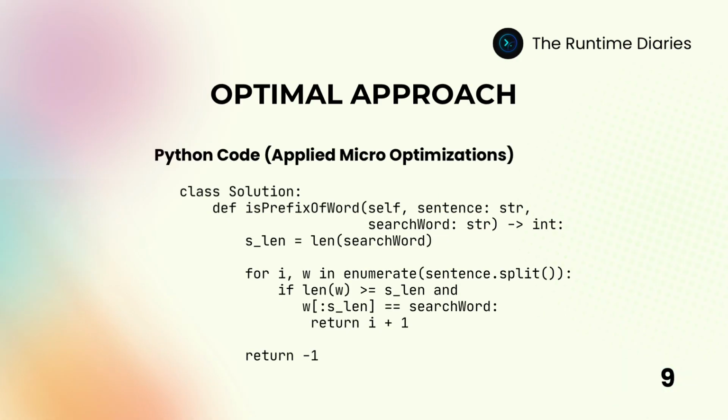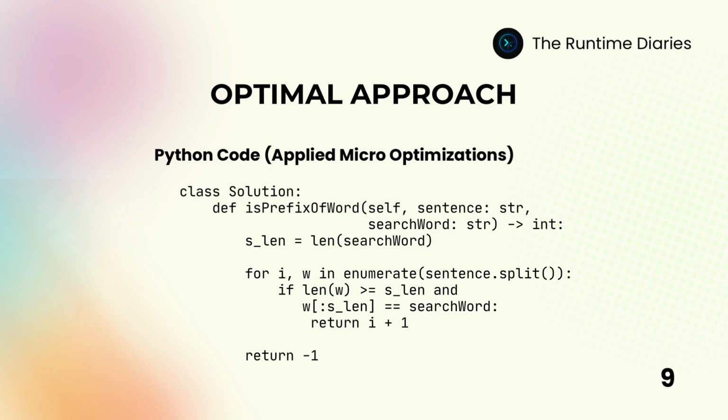If you really want to reduce overhead, here's a slightly more micro-optimized approach. Rather than using the startswith method, which involves a small amount of Python internals and a function call overhead, you can manually check the prefix yourself. First, you get the length of the search word once, outside the loop. Then, for each word, you check if the word's length is at least as long as the search word.